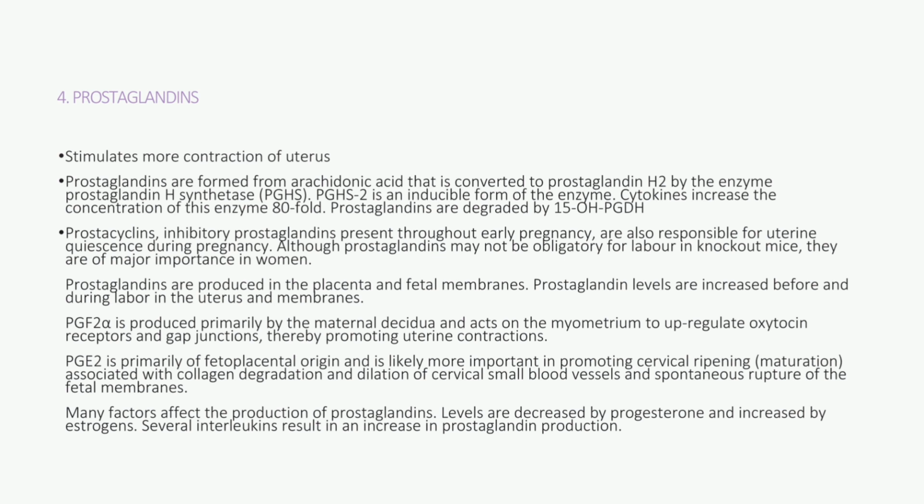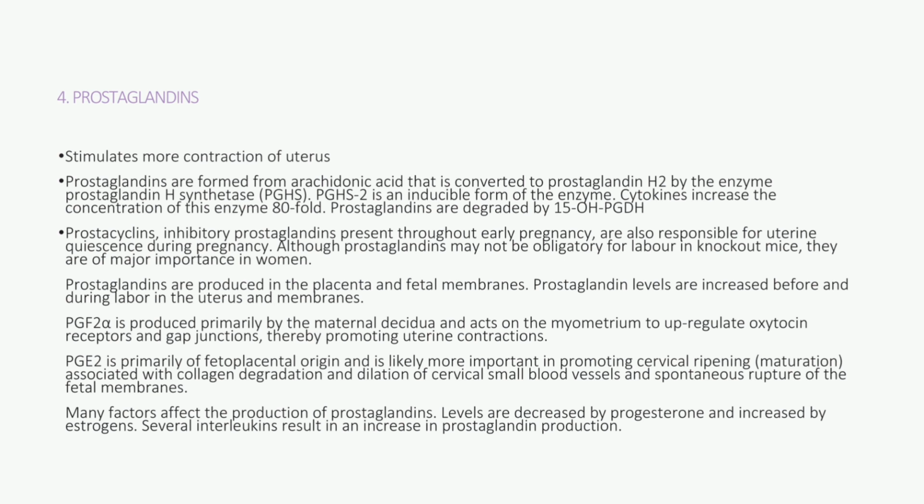Prostaglandins stimulate more contraction of the uterus. These prostaglandins are formed from arachidonic acid, which is converted to prostaglandin H2 by the enzyme prostaglandin H synthetase. This prostaglandin H synthetase is an inducible form of the enzyme. Cytokines increase the concentration of this enzyme 80-fold. Prostaglandins are degraded by 15-hydroxy PGDH.